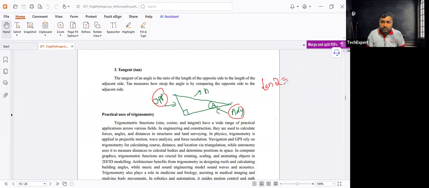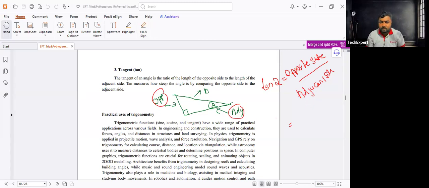Then tan alpha is equal to opposite side divided by adjacent side. Then you will get the comparison between the opposite and the adjacent side, or a value of how much longer the opposite side is than the adjacent side.